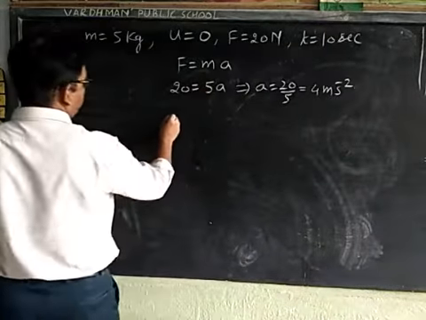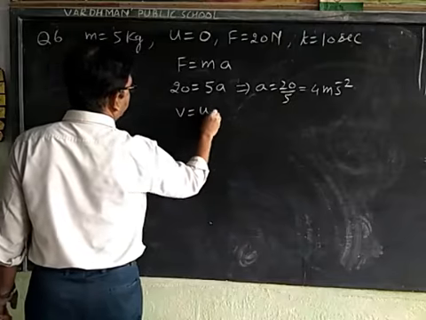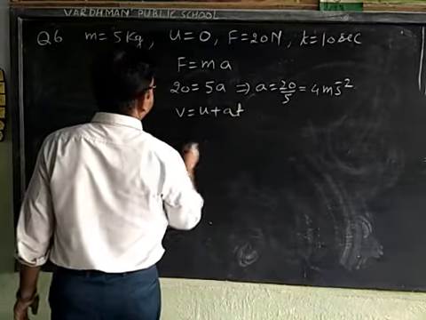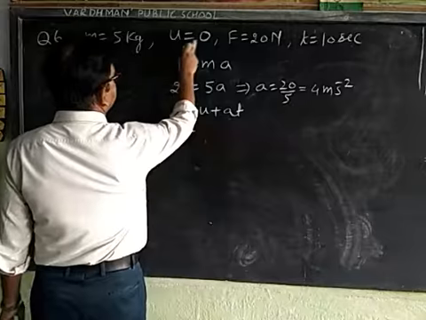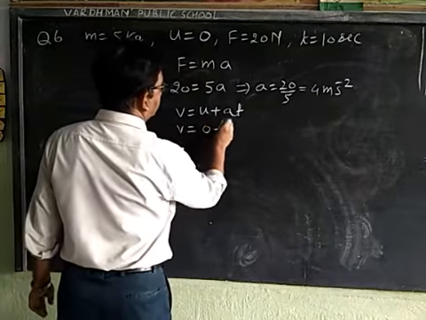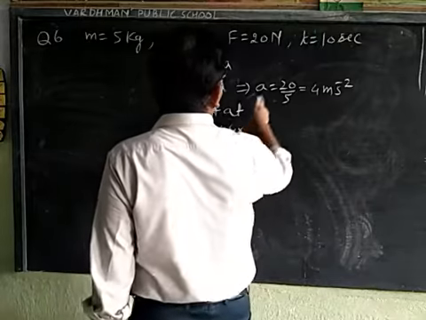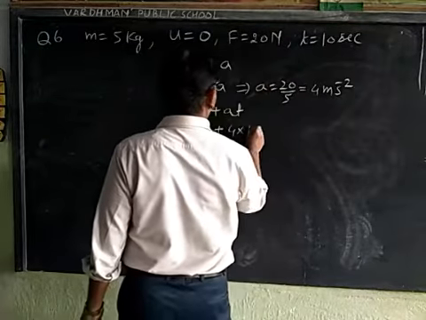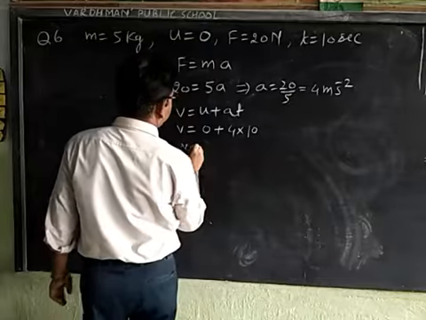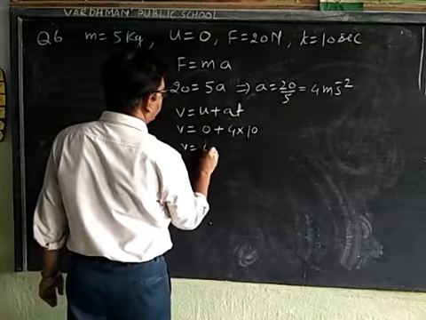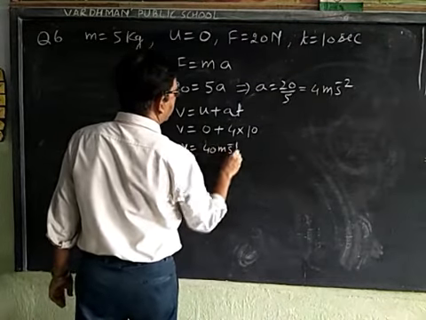Now we know v is equal to u plus at. v is initial velocity 0 plus acceleration 4 into time 10 seconds. Thus v is equal to 40 meter per second.